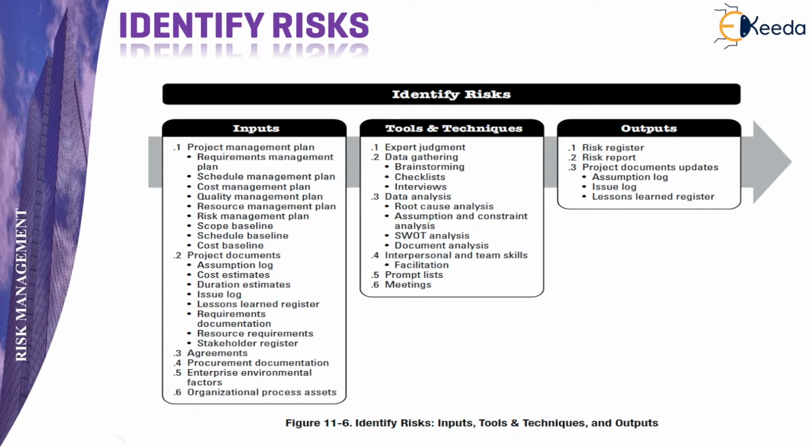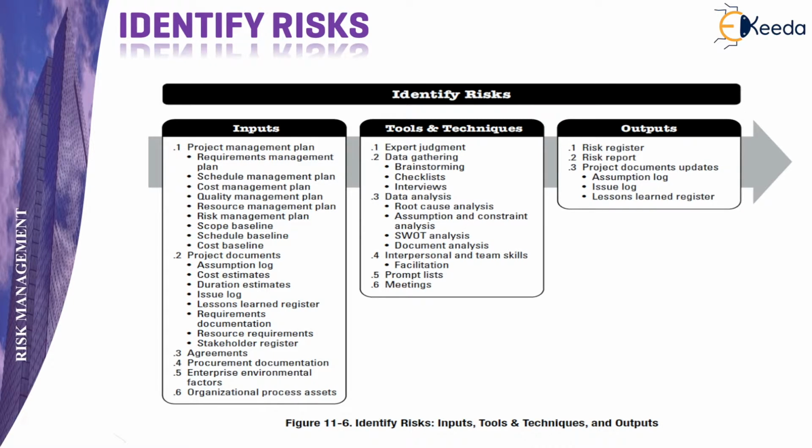Here, the data analysis techniques used are root cause analysis, SWOT analysis, that is strength, weakness, opportunity, and threat, document analysis, and assumption analysis. Then we have interpersonal and team skills and data gathering techniques to identify the risk, that is by brainstorming, conducting interviews with experts, and preparing checklists.